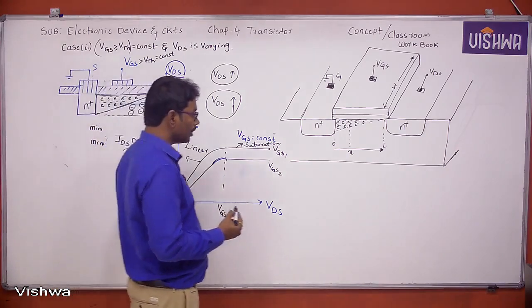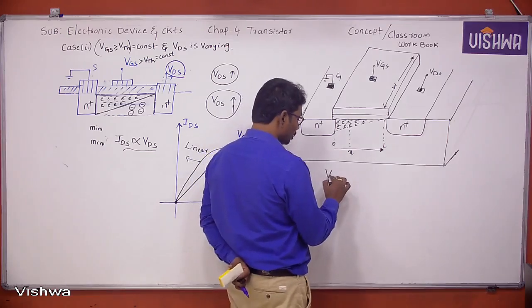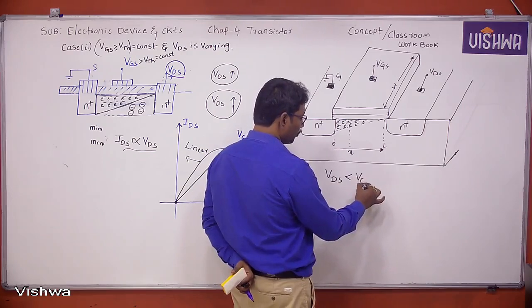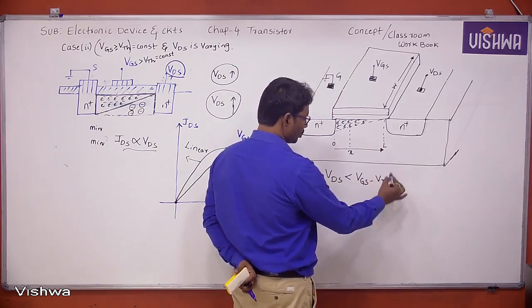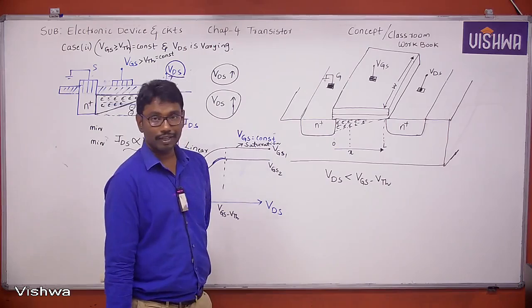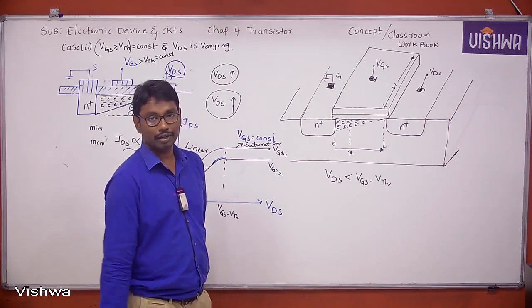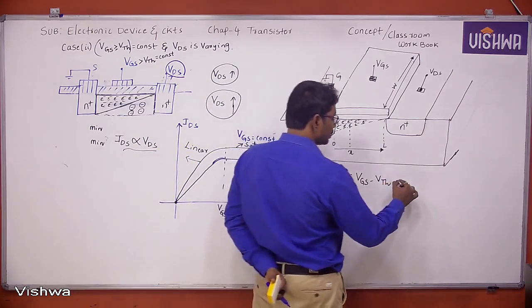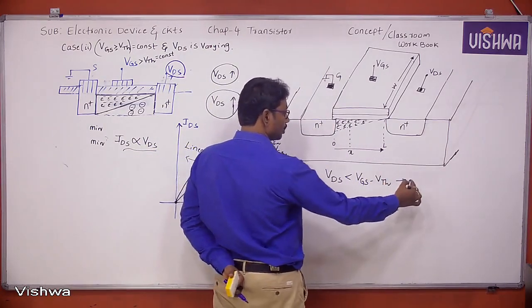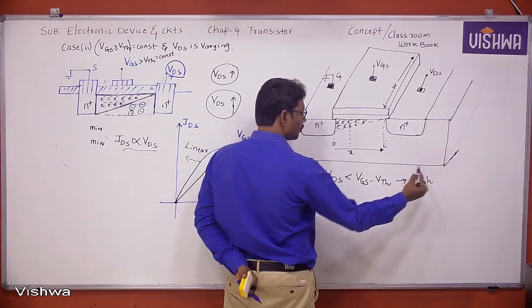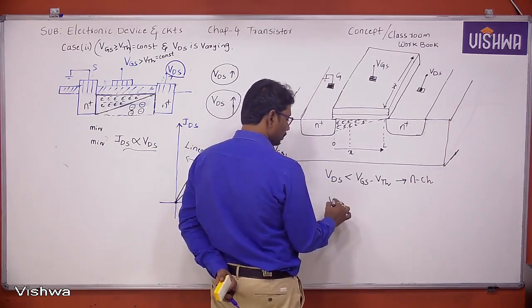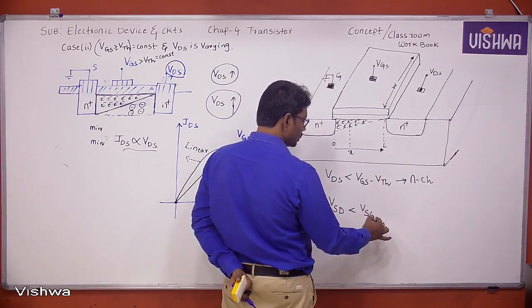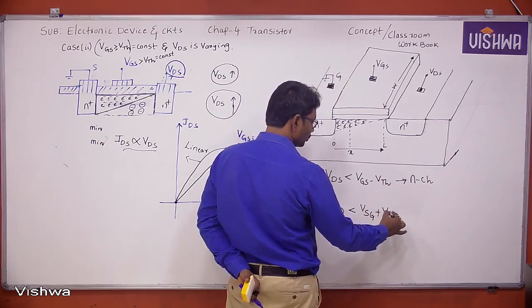Next, when is the MOSFET in the linear region? Whenever VDS is less than VGS minus VTH, then we can say the MOSFET is in the linear region. This condition is for the N channel MOSFET. For the P channel, the condition is VSD is less than VSG plus VTH.